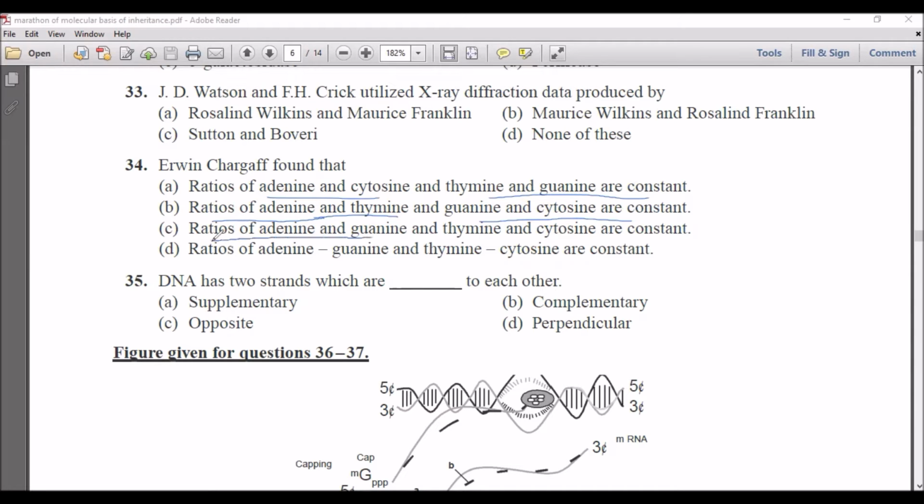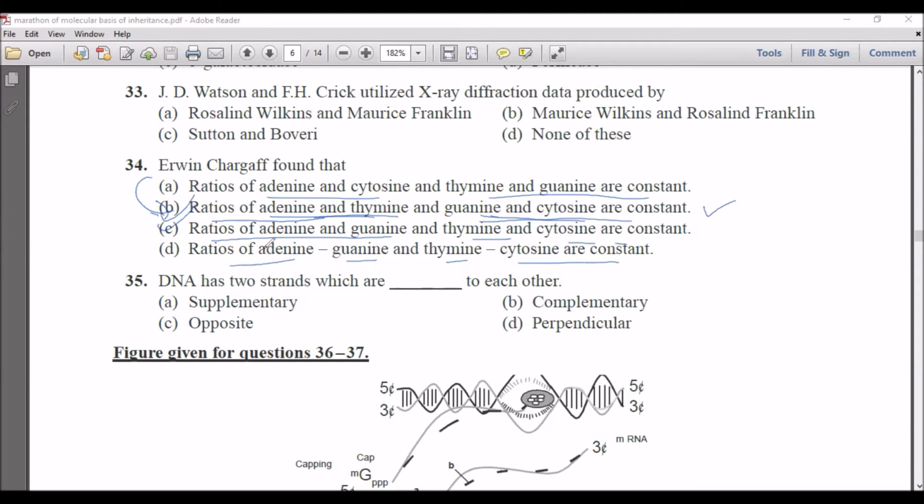Third, ratios of adenine and guanine and thymine and cytosine are constant. And fourth is the ratio of adenine, guanine and thymine to cytosine are constant. Now we know that Chargaff gave a rule according to which the ratio of adenine and thymine and guanine and cytosine are constant. So B is the correct answer.